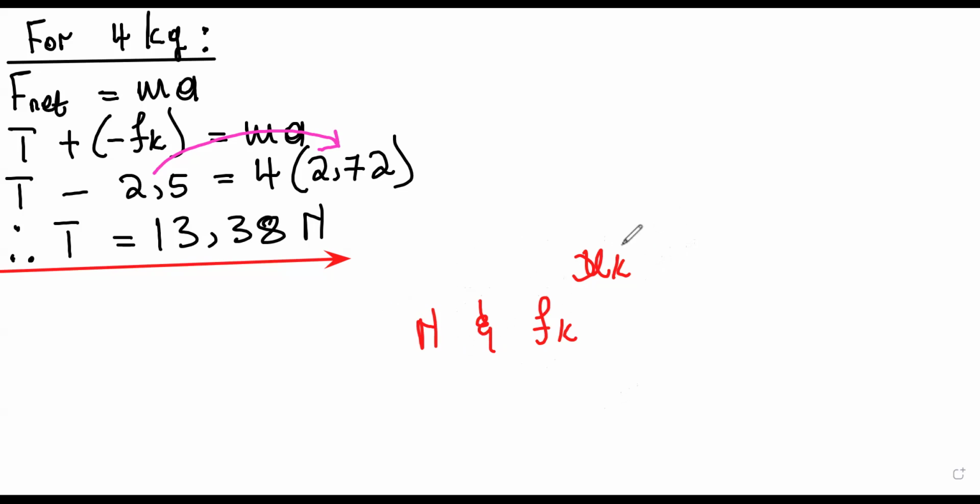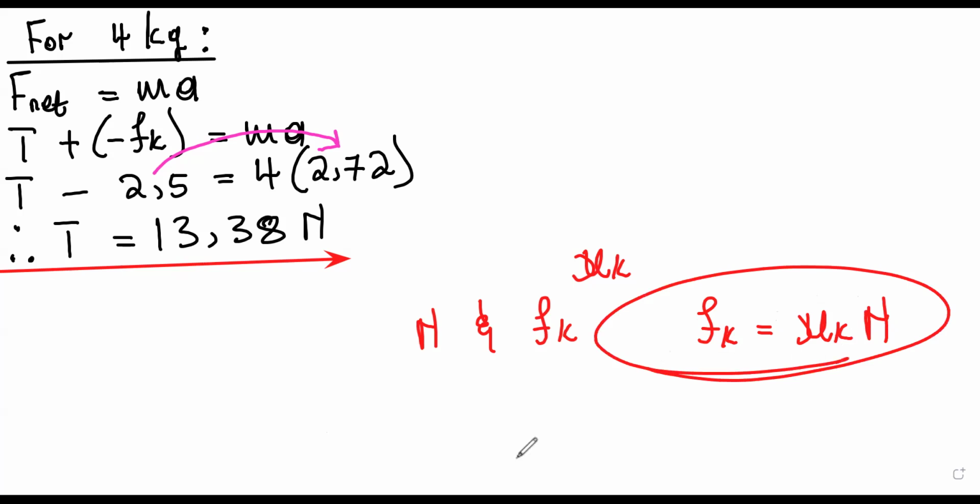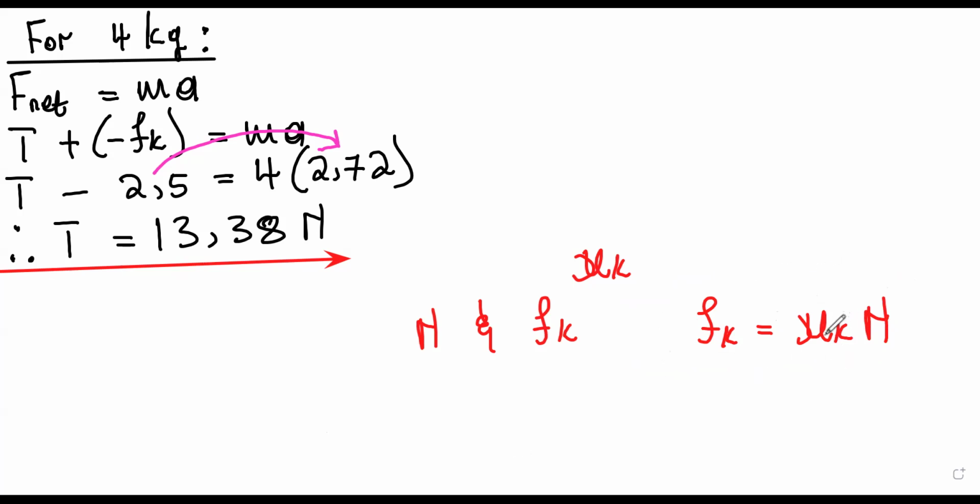It comes from this equation that says the kinetic frictional force is equal to the coefficient of kinetic friction multiplied by the normal force, all right? So we need to find the normal force and we also need to find the kinetic frictional force.